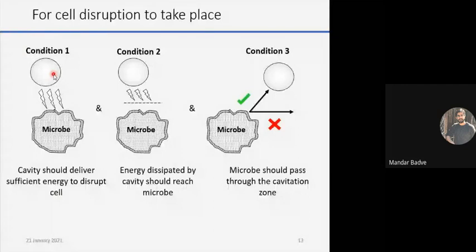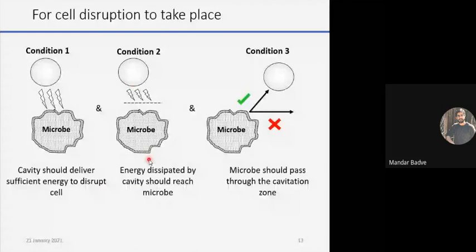So your cavity should deliver sufficient energy to disrupt the cell, or to disrupt any particle. Here I have just given an example of a microbe, but you can consider it a particle as well, or a molecule. The energy dissipated by that cavity should reach the microbe, which means they should be in the vicinity.